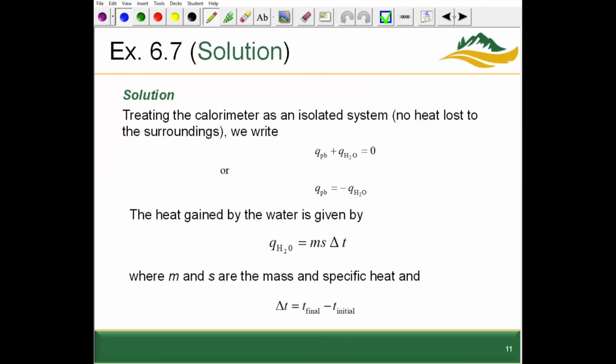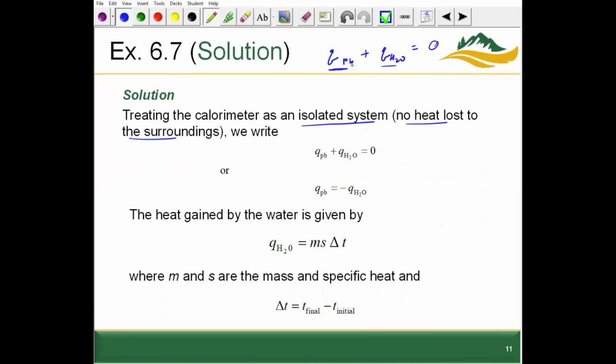Going back to part 1, this is an example of an isolated system, meaning no heat is lost to the surroundings. In an isolated system, then, all we're considering is the heat of the lead itself and the heat of the surrounding water. Nothing else is at play, so these two together have to equate to 0.